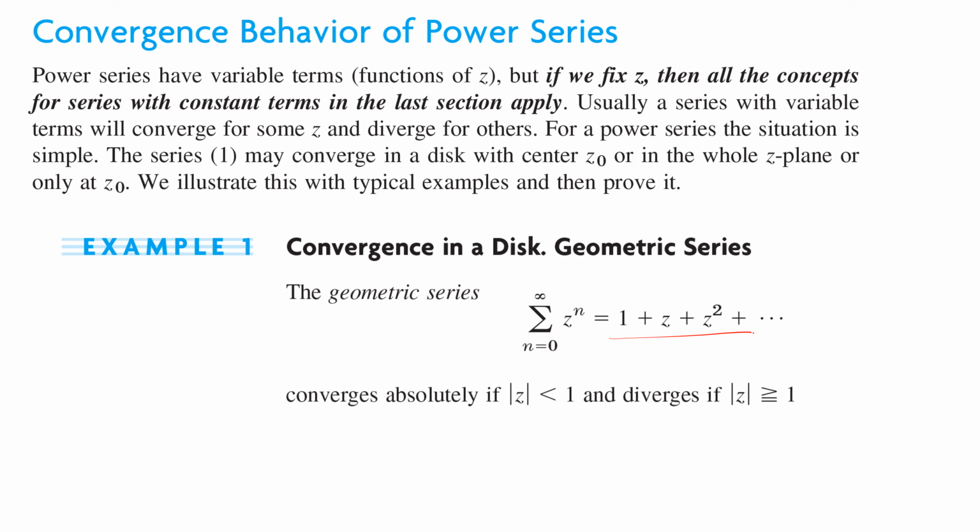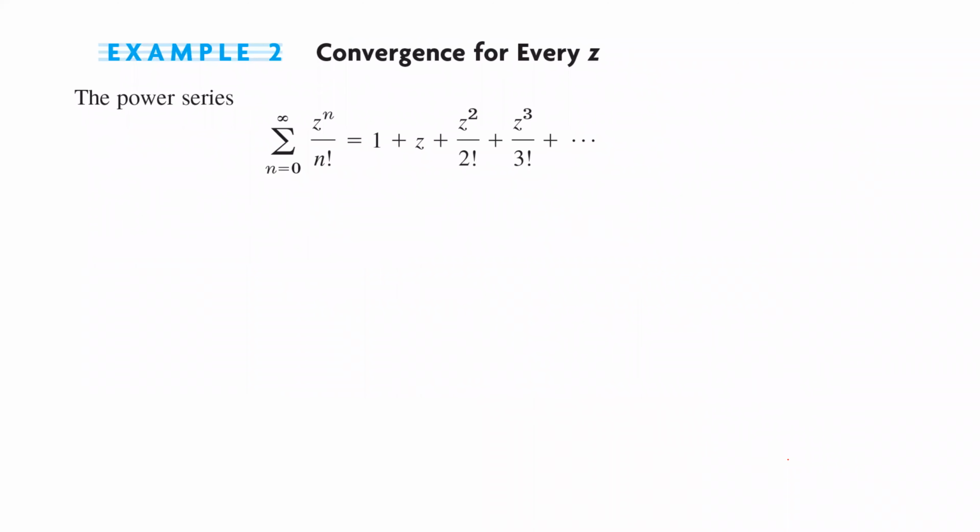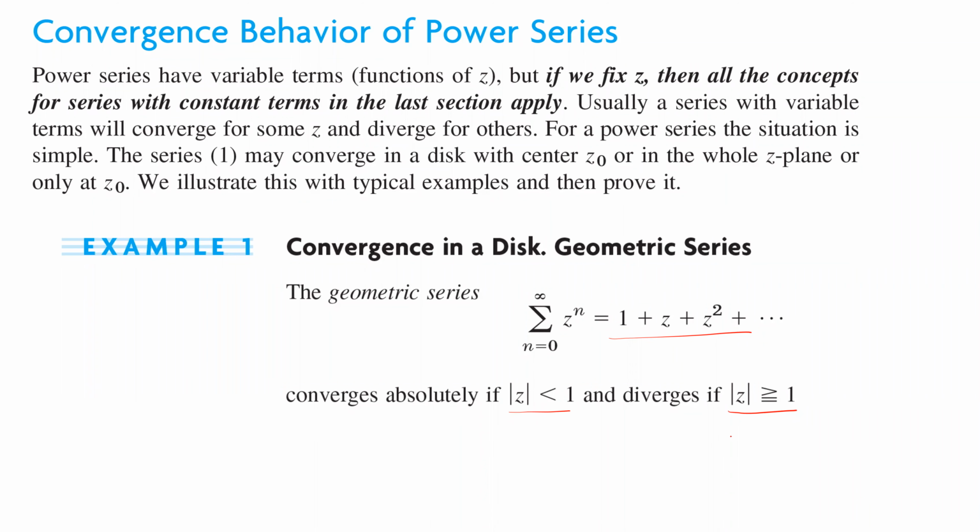The geometric series here is convergent for absolute value of z less than 1, meaning inside the unit disk, and it diverges if the absolute value of z is greater than or equal to 1. I think this is written a little carelessly, because if the absolute value of z is equal to 1 and z is equal to -1, it becomes a series that is convergent.